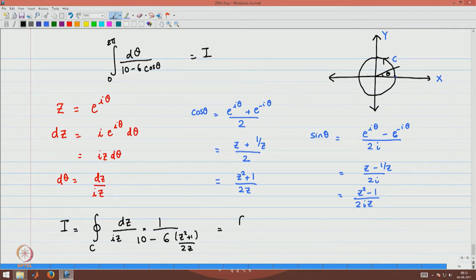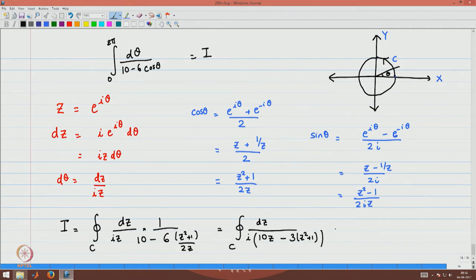So, this becomes the integral over c of dz divided by i, and what you have is 10 minus 3(z² + 1)/z.